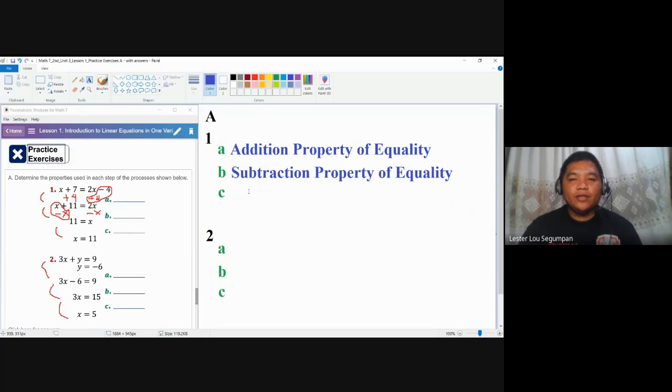Going forward to the third step, we now have the expression 11 is equal to x, but it was transformed to x is equal to 11. These two are just the same, and both are acceptable.